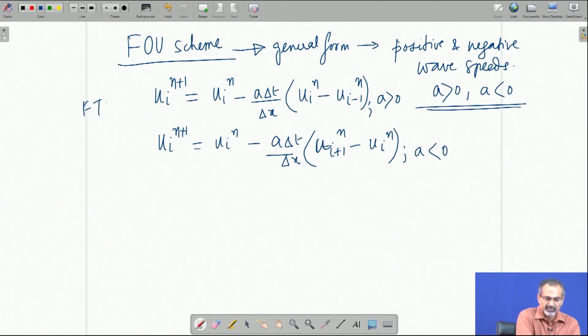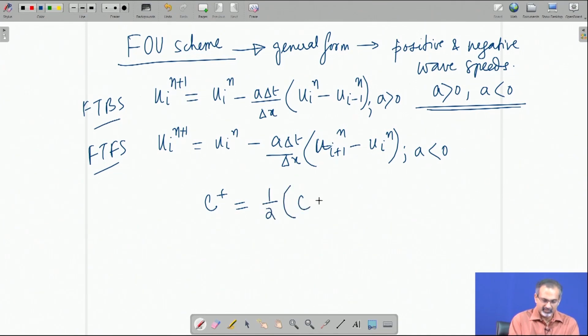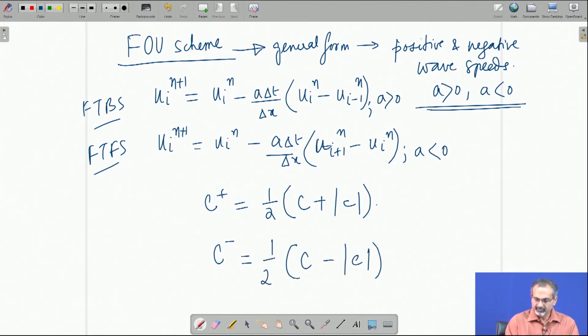So, FTBS and FTFS schemes here. Let us introduce some new nomenclature, say C plus will represent this, and C minus this. So, this is mod.